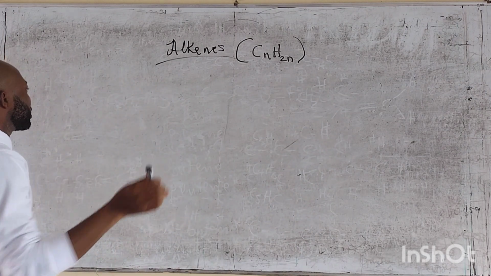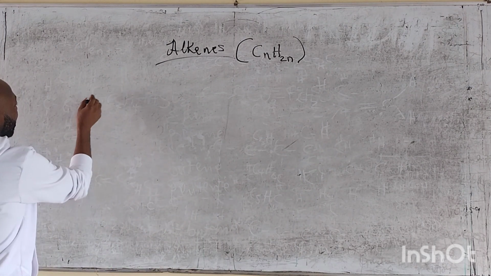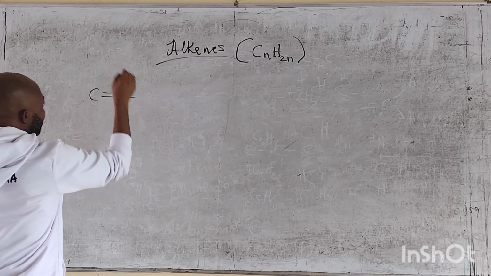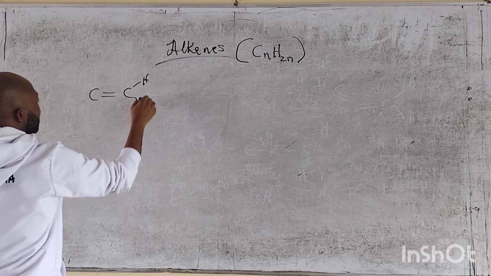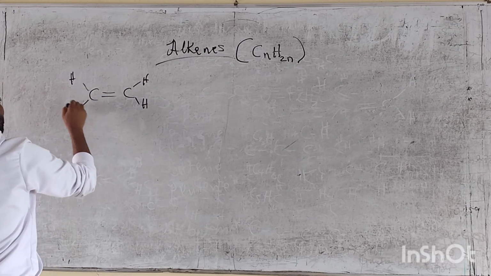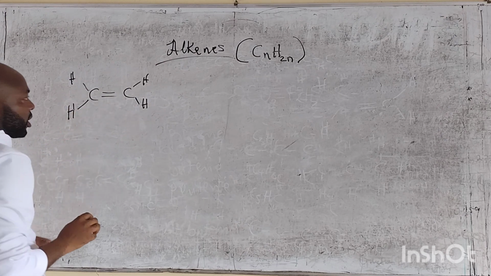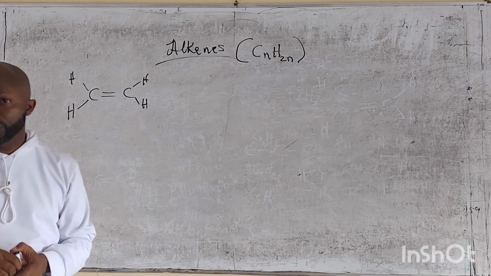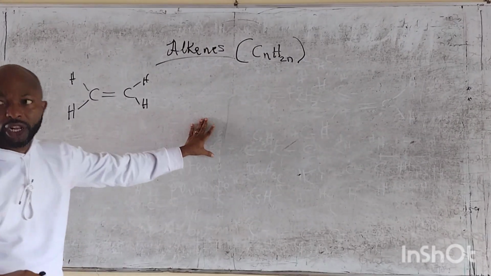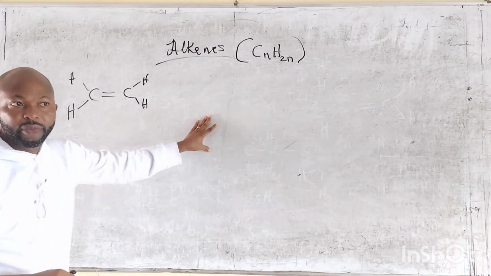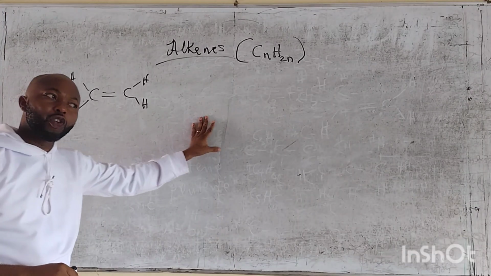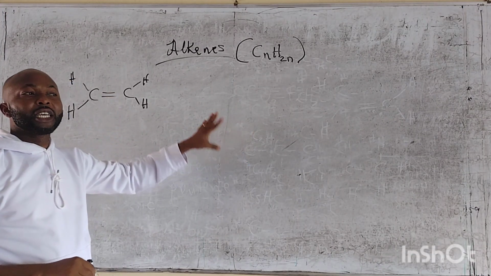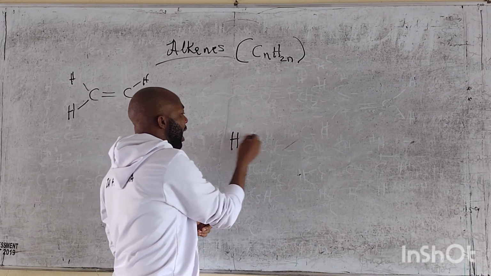Now, in that reaction, let's take our alkene, the first member, which is this. Now, addition reactions, we have the halogenations, which means it reacts with halogens, chlorine, bromine, iodine. We have hydrohalogenations, which is hydrogen and halogen.